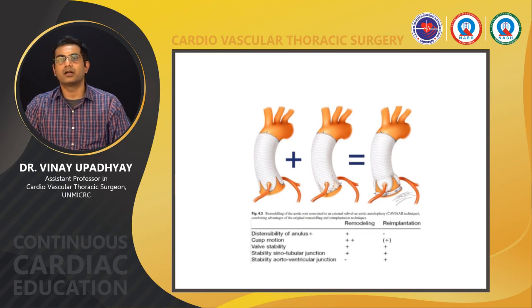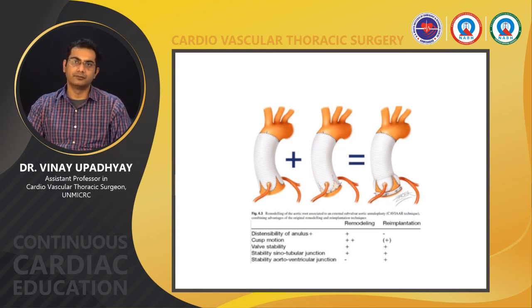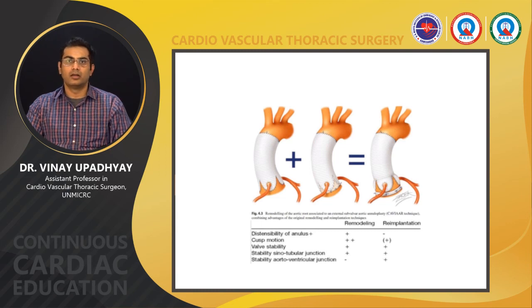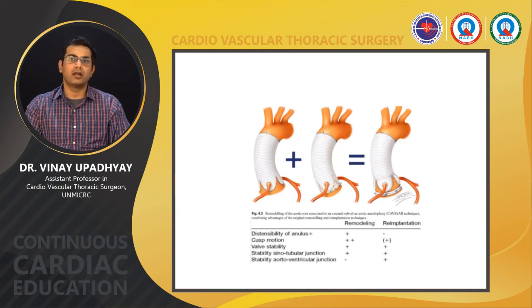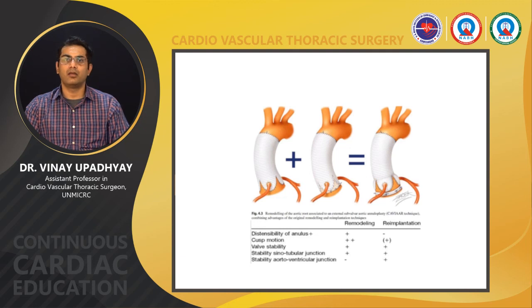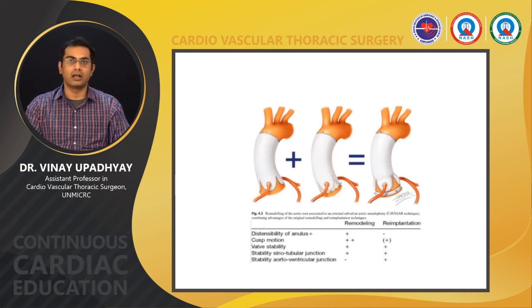This figure shows the comparison of both remodeling and reimplantation techniques. Among the various differences, the cusp motion is greater in the remodeling technique than the reimplantation. Valve stability is the same in both, and the stability of the aortoventricular junction is present in reimplantation, which is absent in the remodeling technique.